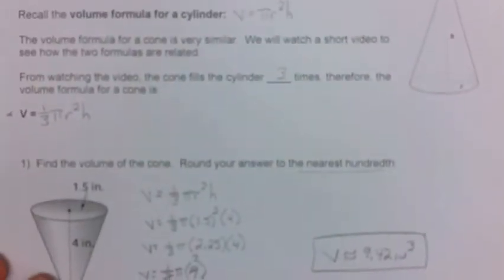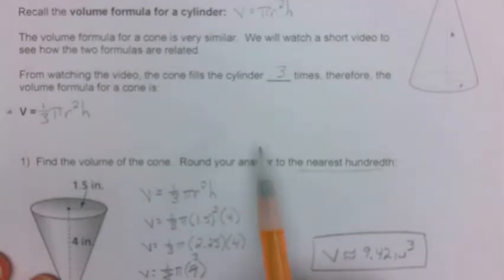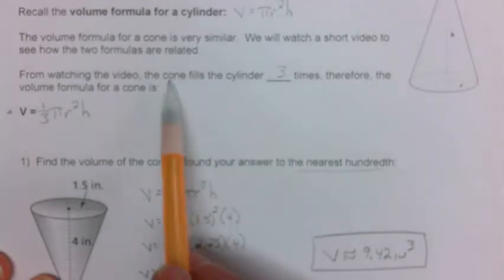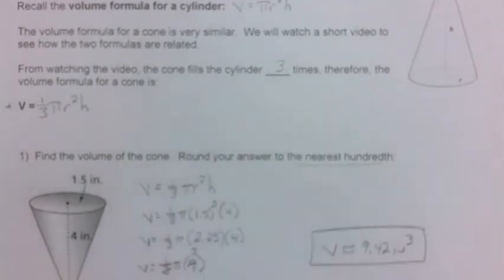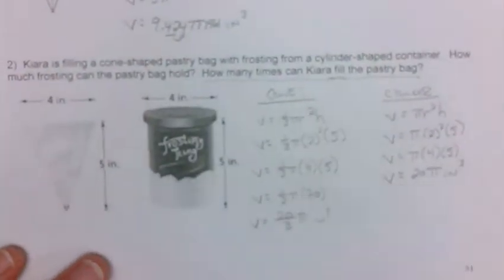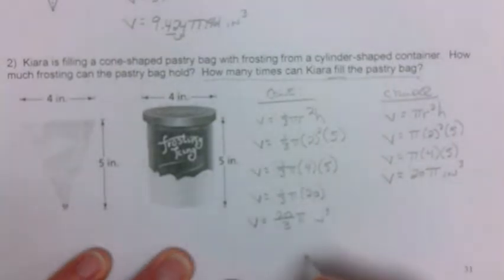And that matches what we said earlier up above. If we have a cone and a cylinder with the same radius and the same height, the cone fills the cylinder 3 times. So we can answer this first question, all right?